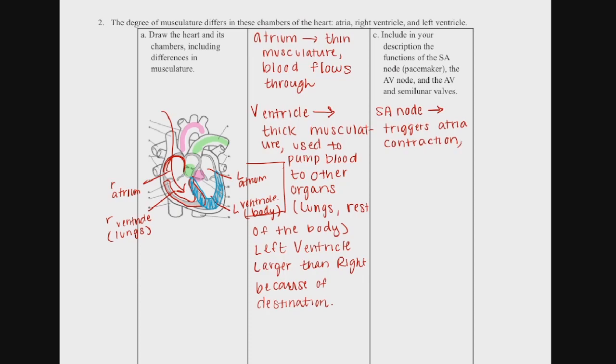So, atria contraction, the AV node is delayed to prevent ventricular contraction.